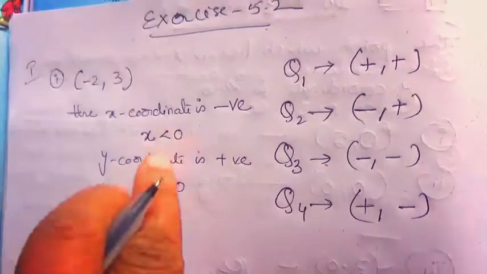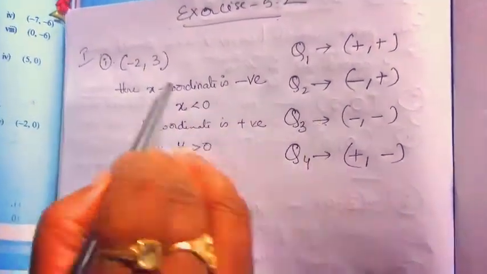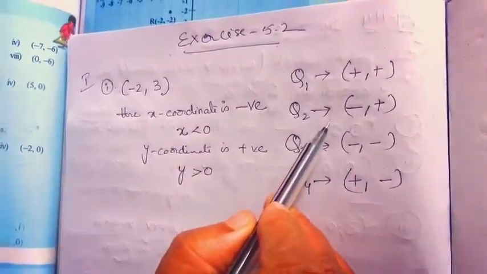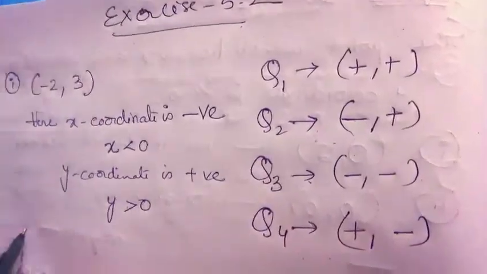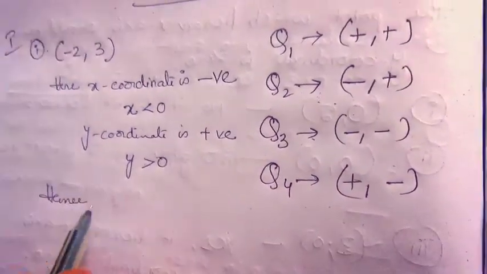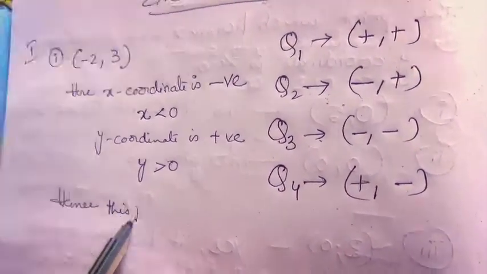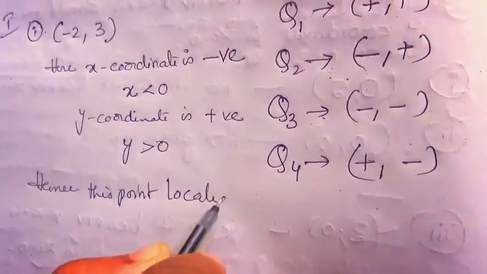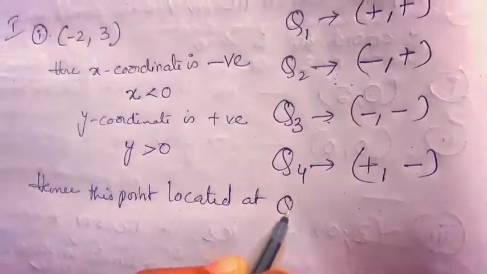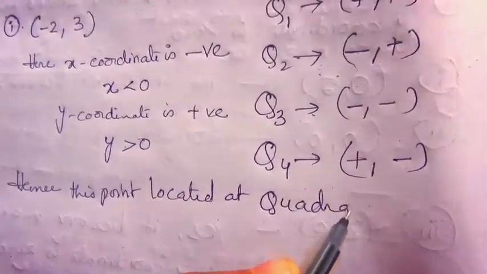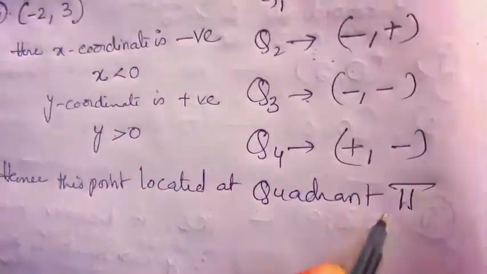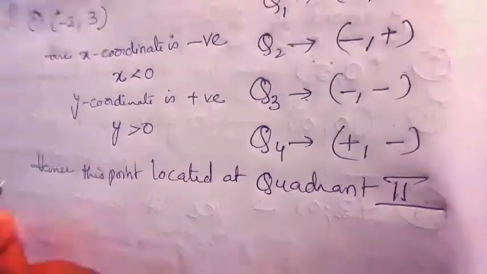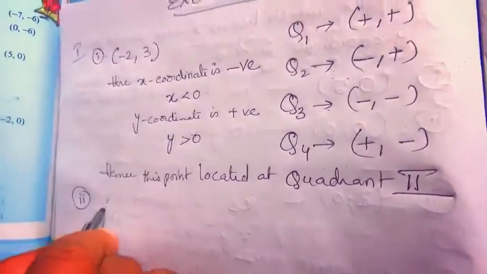By using this condition, it belongs to the second quadrant. Hence this point is located in quadrant 2, that is the answer. Just like this you have to write all.